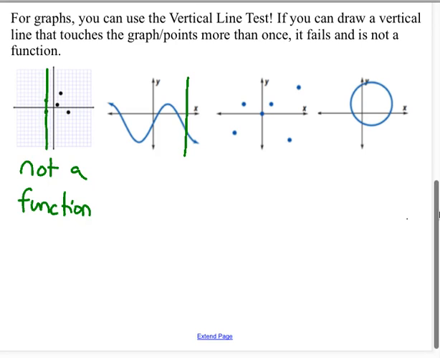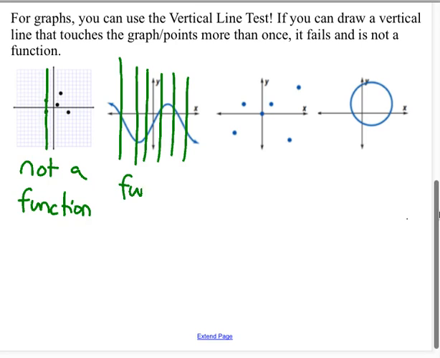This one, notice, no matter where I draw a vertical line, it only ever touches the graph one at a time, okay? Each vertical line only touches once. So this passes the vertical line test. This is going to be a function. Each x is only having a single y value.